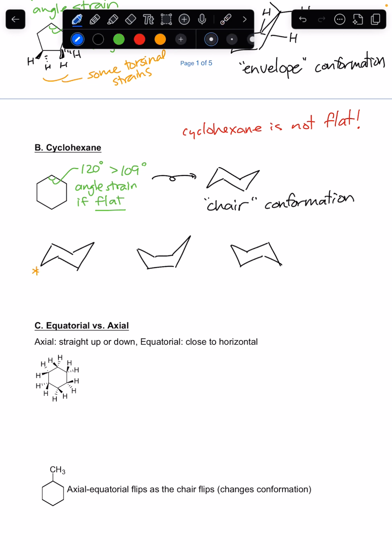But if we keep track of these two carbons, what we are saying about the chair flip is that these are the same carbons, so we can keep track of them. In the chair flip, one end flips up through the rotation of these bonds and becomes the boat conformation, and then this side flips down through the rotation of these four bonds, and that's the conformation you get.